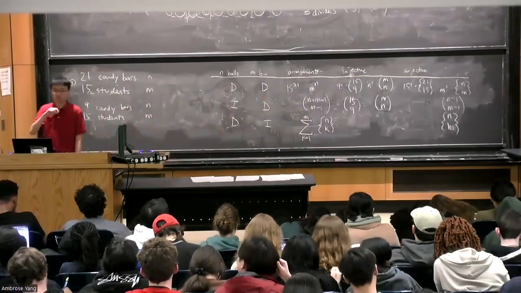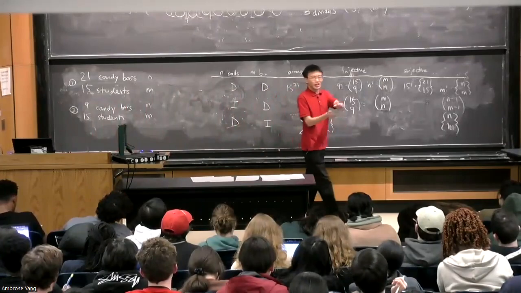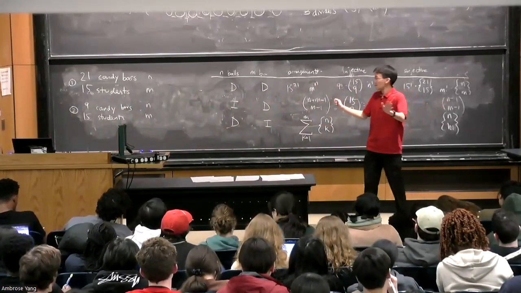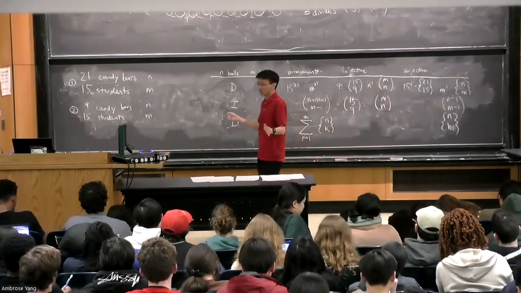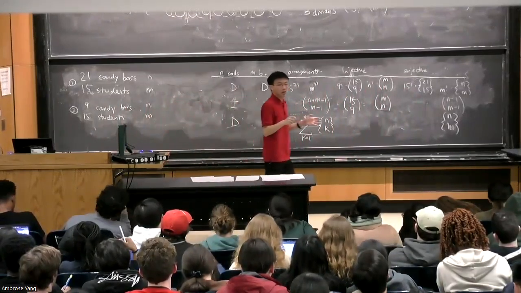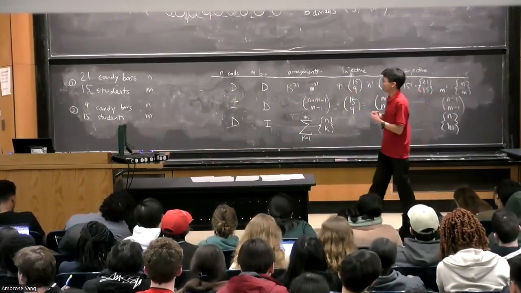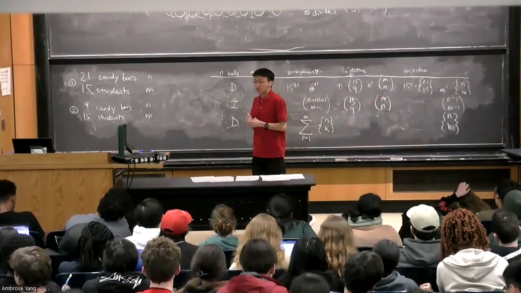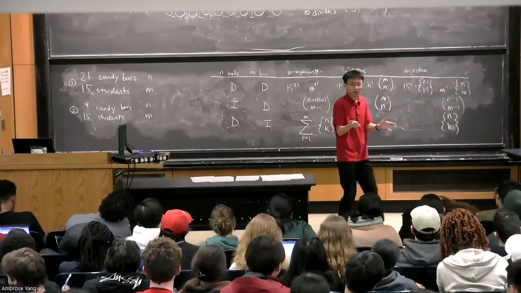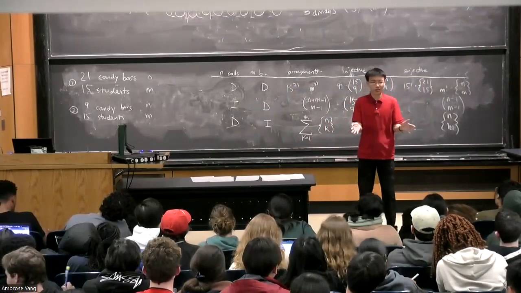For injective arrangement, you can't tell the difference between the bins. You can tell the difference between the candies, but you can't tell the difference between the bins. So for injective arrangements, if I think about the second scenario, maybe 9 candy bars, 15 students. As far as I'm concerned, I'm just going to put all the candy bars inside the bins, and there's one way to do that.